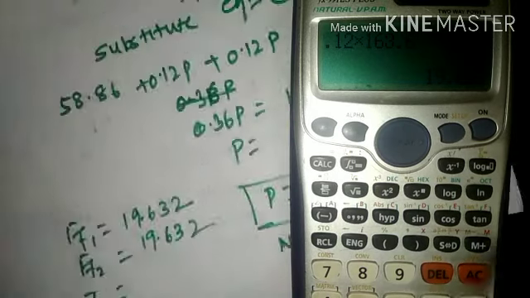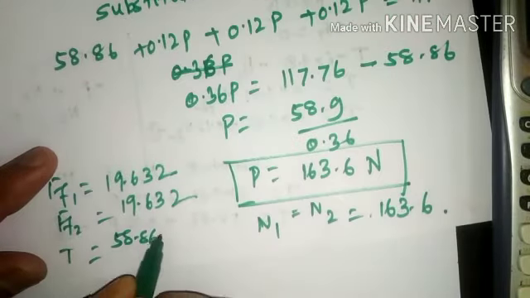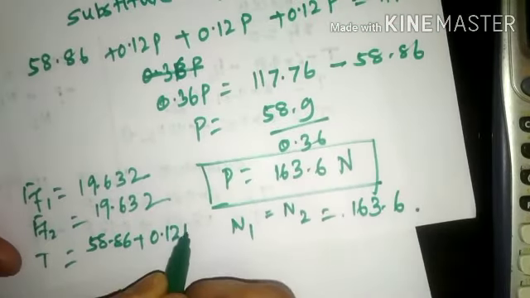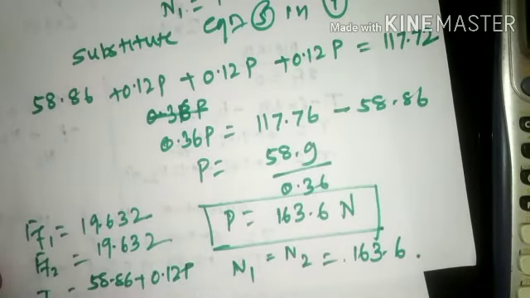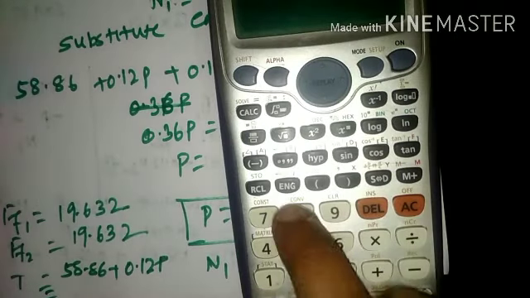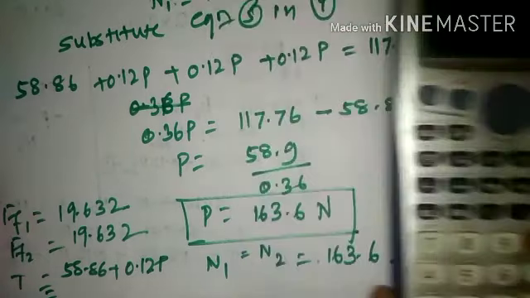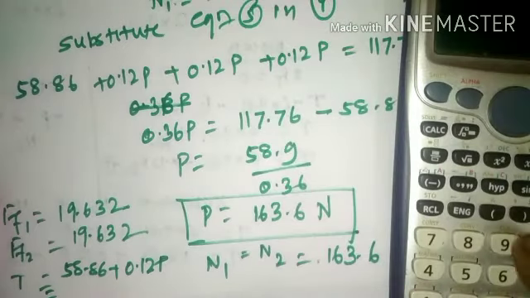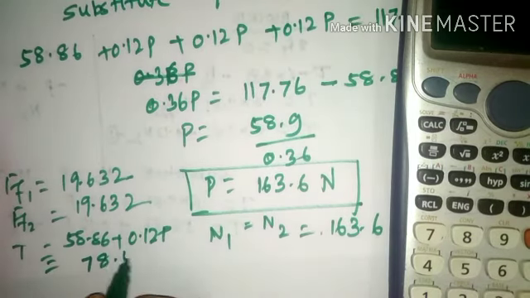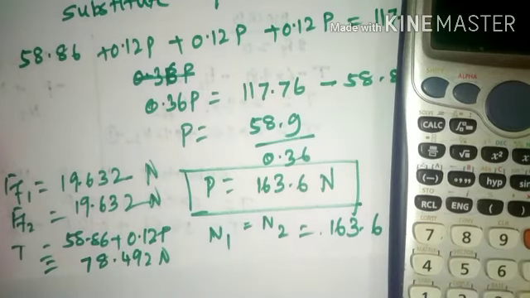Then what shall be the value of T now? T is equal to 58.86 plus 0.12 times P, where P value is 163.6. So T value will come out as 78.492 Newton. So these are the values related to block A and block B.